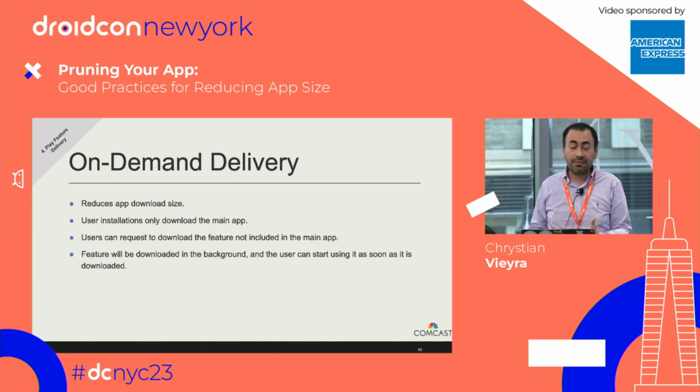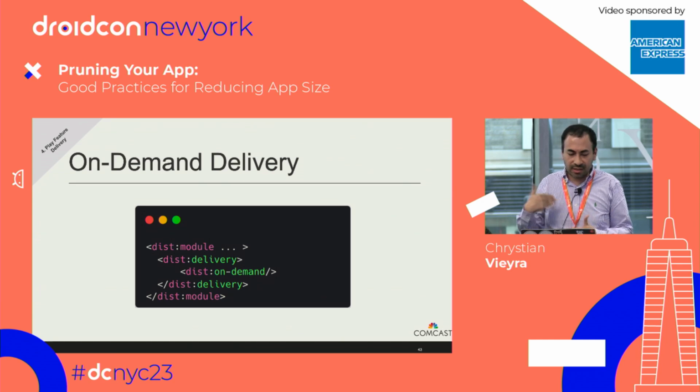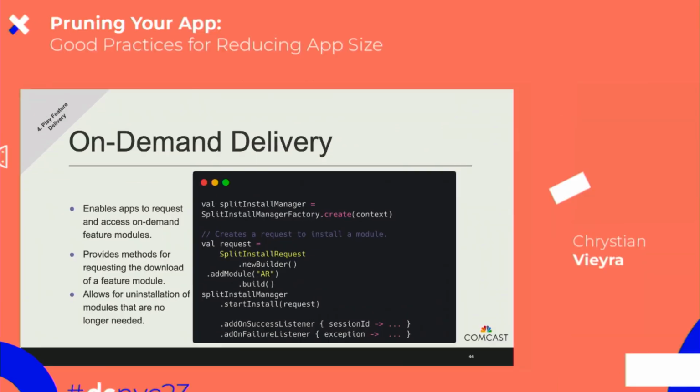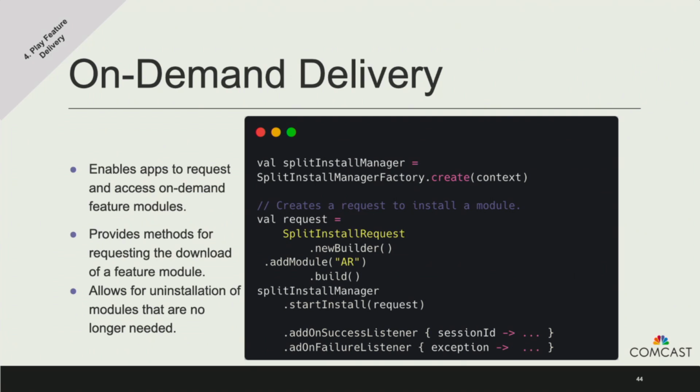And with that, you can make your app really small and only download the things that matter when the user needs it or if the user will ever get there. And the data is downloaded in the background. It's a similar change as the one I showed before on the manifest. And the amazing thing is that you can also monitor via code, and you can even uninstall it.